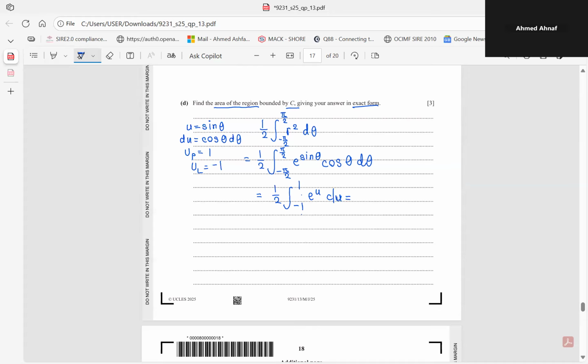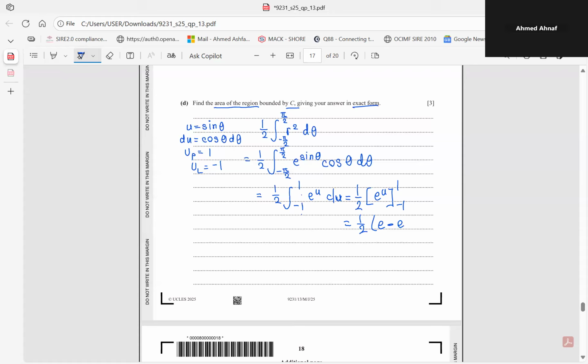Now we can easily integrate this. So this is e to the power of u, with limits 1 and minus 1. So this is half times e to the power of 1, which is e, minus e to the power of negative 1.